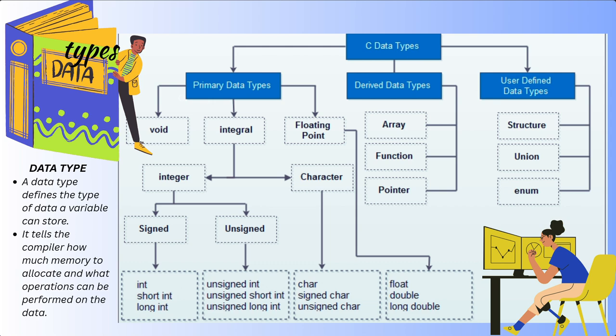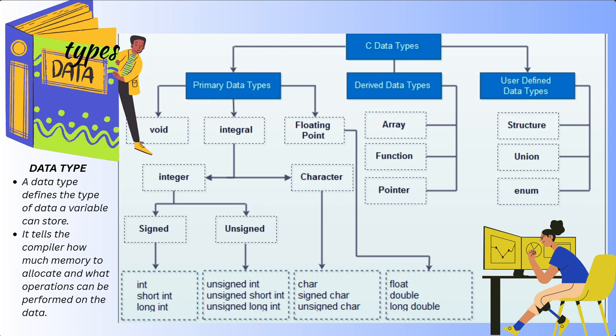You have to tell the person what type of data it is, and you need to sort it accordingly. You need to arrange the data, and since there are different types of data, we need to arrange them. To represent those data, we have data types.